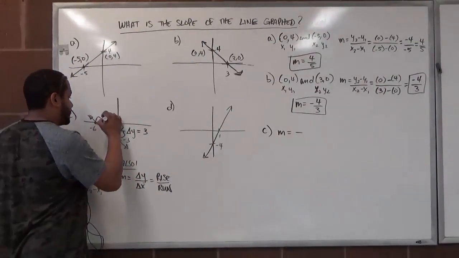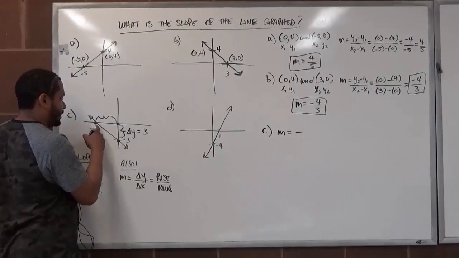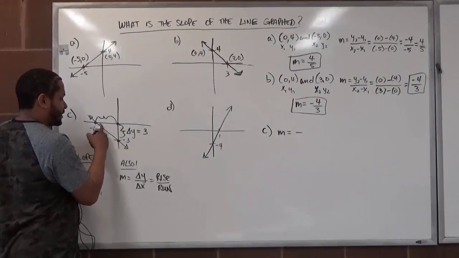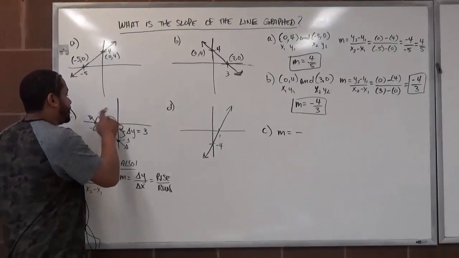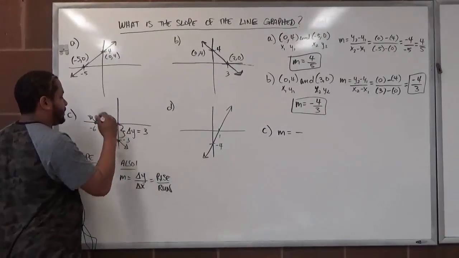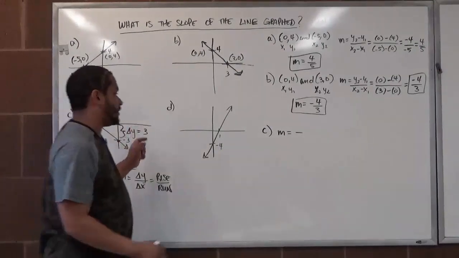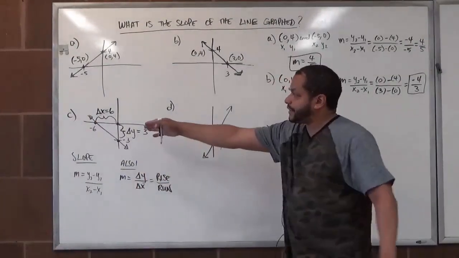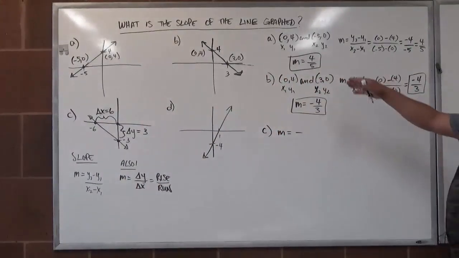And here our change of x is going from 0, 0 to negative 6, 0, which shows that this has a value of 6 on this side of the triangle. And so since we already know that our change is going to be a negative change, we'll call this delta x a positive 6. And our slope is already negative because it's coming downward. Just like we saw here in part B, we had a negative slope because it's coming down.